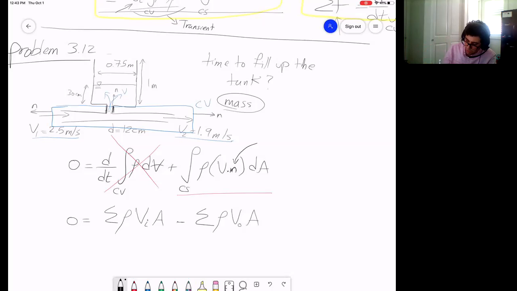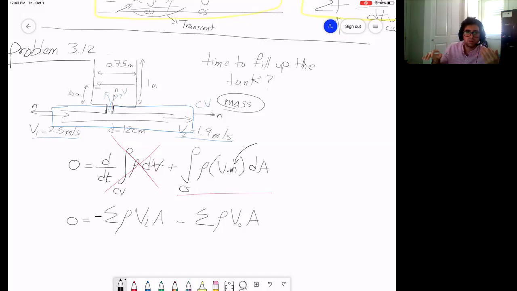It really doesn't matter because the other one will be positive, but it's nice to follow a convention. Our answer will not be changed, because this term will be negative and the other one will be positive.